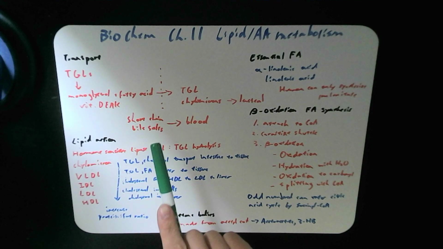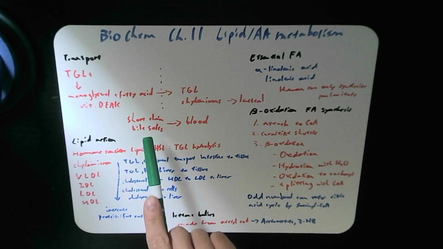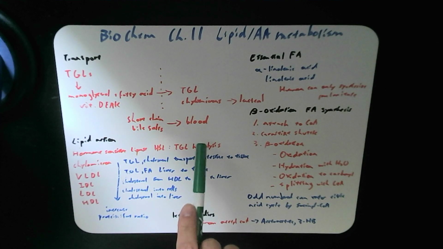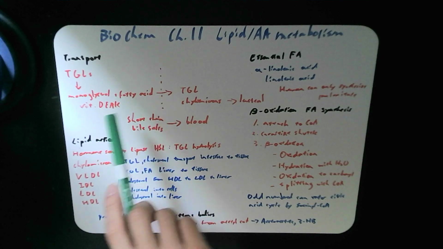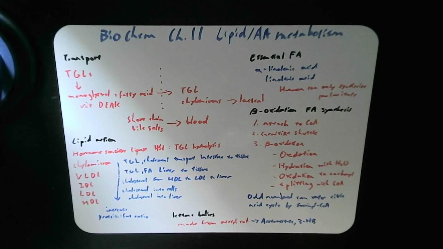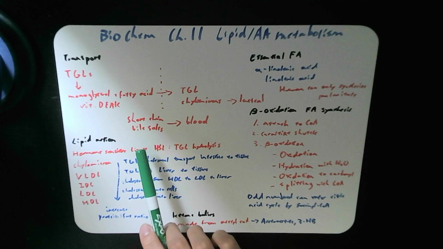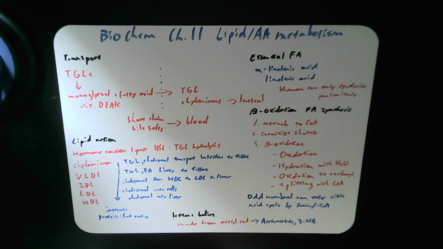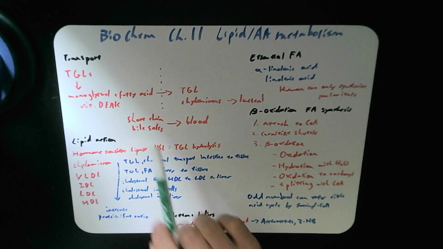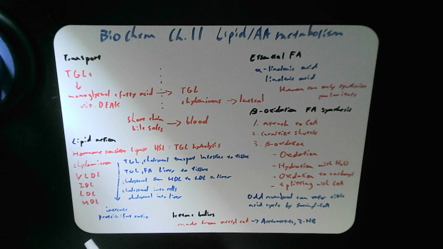So we have the short-chain fatty acids, and short-chain fatty acids will go directly into the bloodstream. So only the larger-chain fatty acids and the monoglycerols will need to go through the chylomicrons. The other vitamins, the water-soluble ones like vitamin B and C, can go directly into the bloodstream.